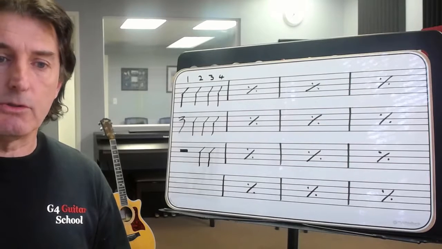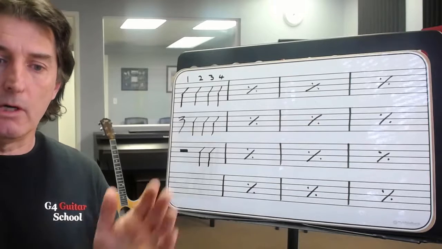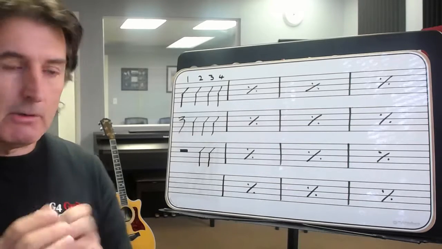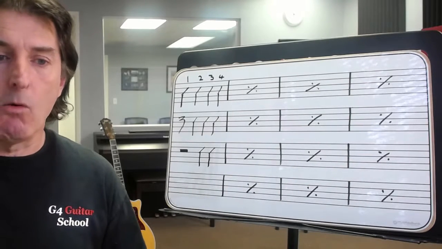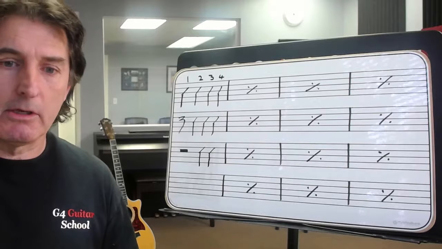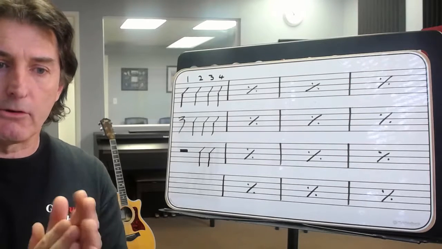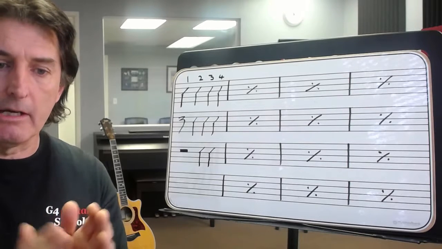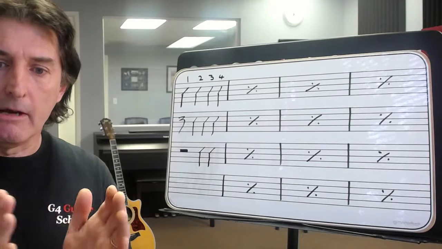1, 2, 3, 4, and 1, 2, 3, 4. Okay, so let's try the whole of example number 3. Here we go. Ready? 1, 2, 3, 4, and 1, 2, 3, 4.